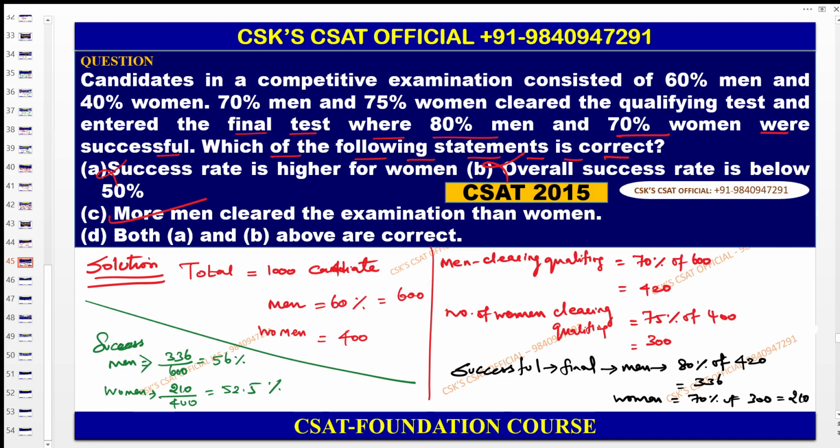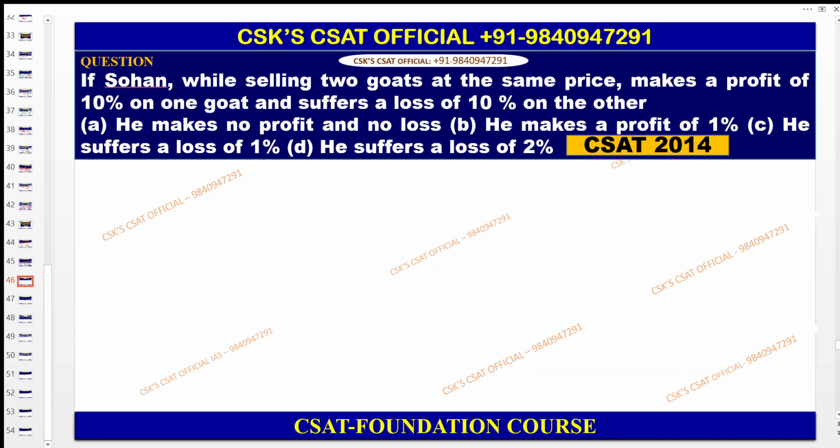So next question is: if Shohan, while selling two goods at the same price, please remember the selling prices are the same. So that is the first data.